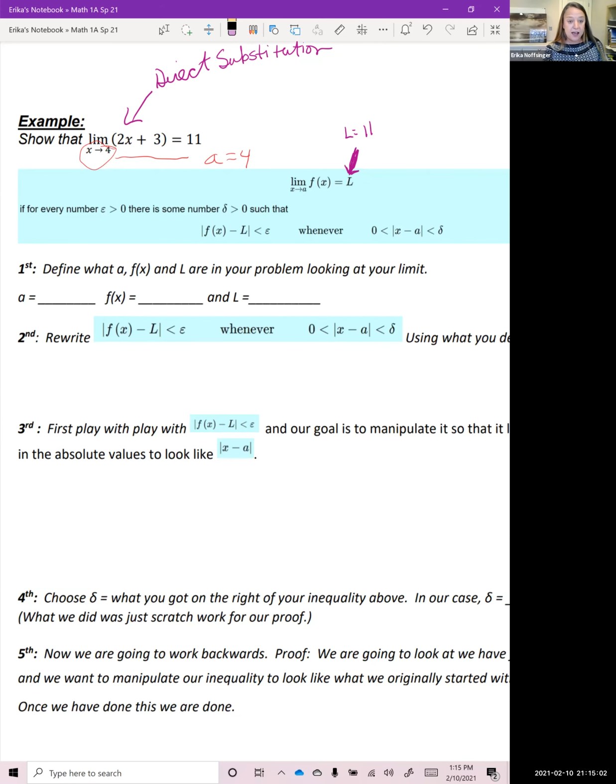And then my f of x function. Notice that f of x, that's what we're taking the limit of. We're taking the limit of 2x plus 3. So our f of x value in this case is this 2x plus 3. So first thing to figure out, what is the x value that you're getting closer and closer to? What is that function that you're looking at? And what is that y value we're trying to show that the limit is?